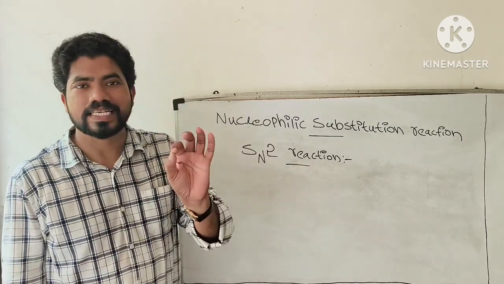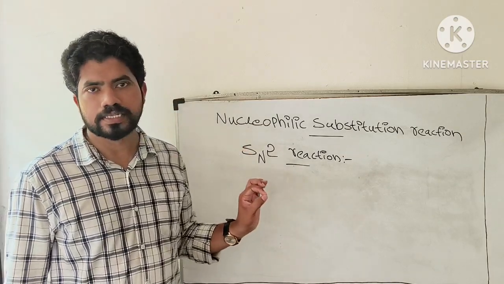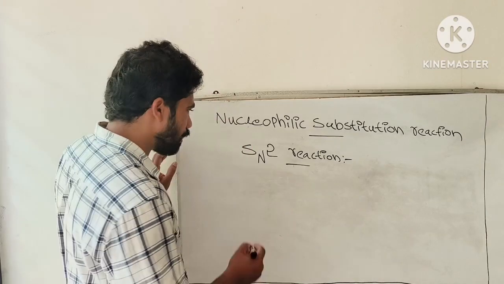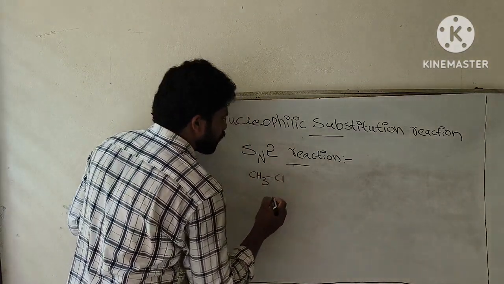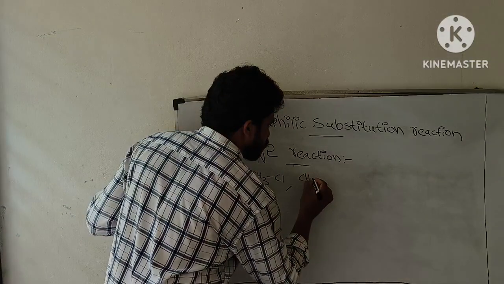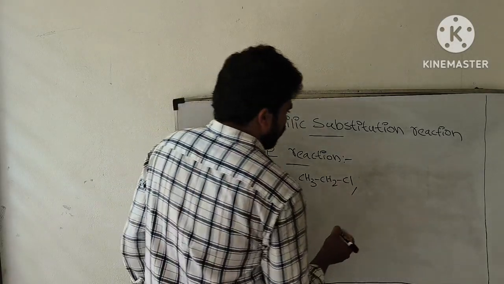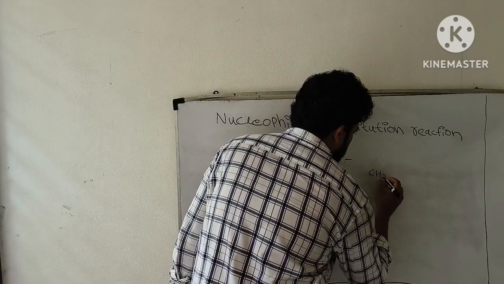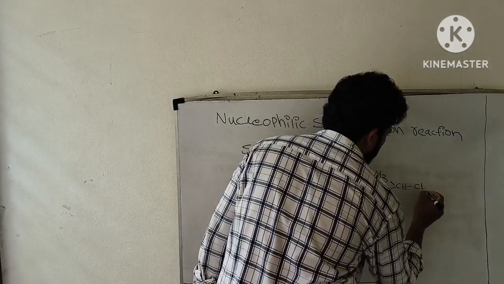Students, now I discuss with you the order of reactivity of alkyl halide towards SN2 reaction. We have four types of alkyl halide. First of all, CH3Cl, chloromethane. Next, I am taking primary alkyl halide, that is CH3CH2Cl. Now I have one more example, secondary alkyl halide, that is (CH3)2CHCl.